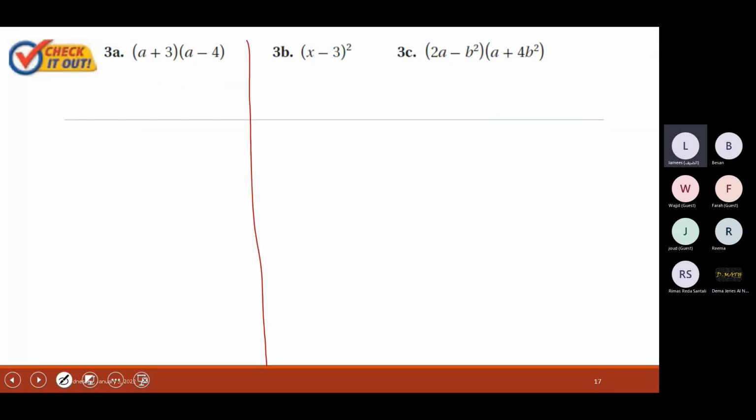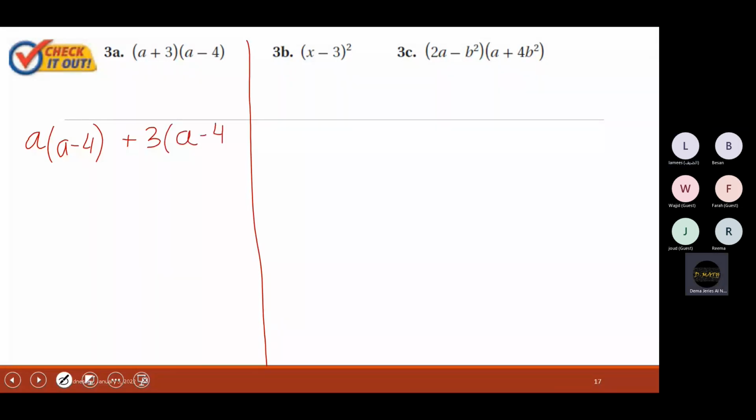Take a and multiply it with negative 4. Bravo, a times a minus 4, plus 3 multiplied by a minus 4. Then it will be a squared and negative 4a.